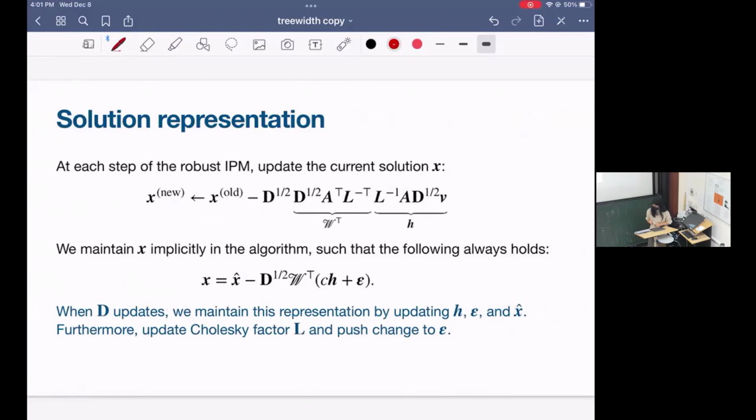The most complicated thing is that when d is updated, then this Cholesky factor needs to change. So we update this Cholesky factor, we push the changes to this vector epsilon, and we also need to update h, epsilon and x hat, because d changes in two places, one at the beginning, and once here in the factorization.